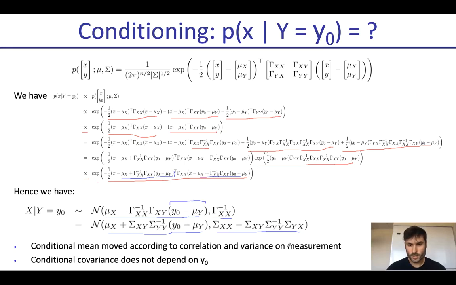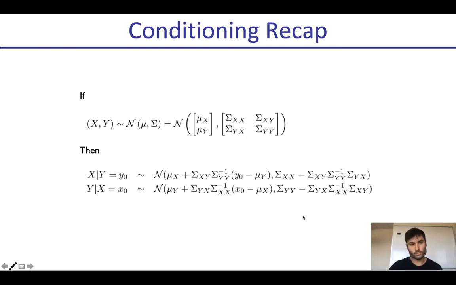Essentially, we also see that when you condition on y being equal to y0, you reduce the uncertainty, or the variance, of the system, because from this covariance of x we're subtracting this term that is positive. This is just a recap of the formulas that we just found, in case you want to access them more easily later.